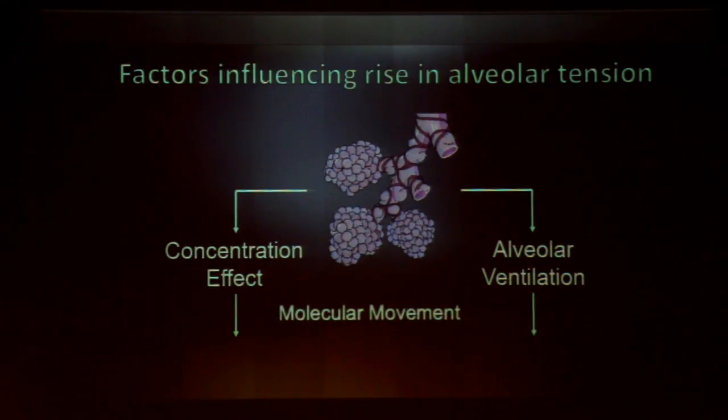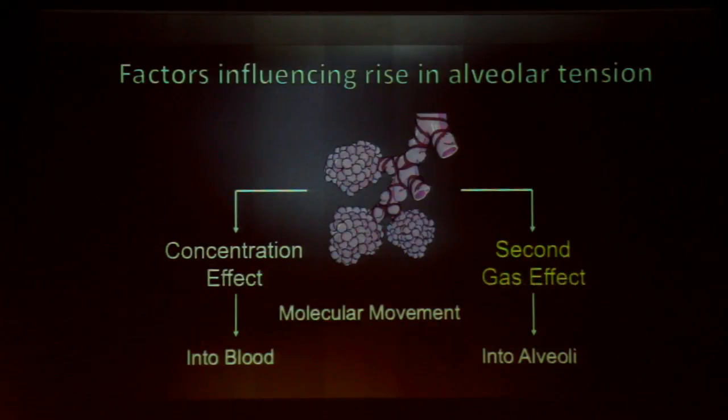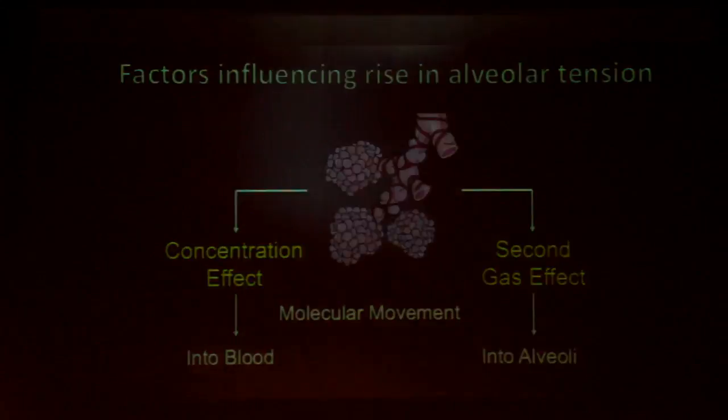And these are nothing but the molecular movements which occur across the alveolo-capillary membrane. One is into the blood, the other is into the alveoli. The one occurring into the blood is the concentration effect, and the one occurring into the alveoli is the second gas effect. So we deal one by one with what is the concentration effect and what is the second gas effect.